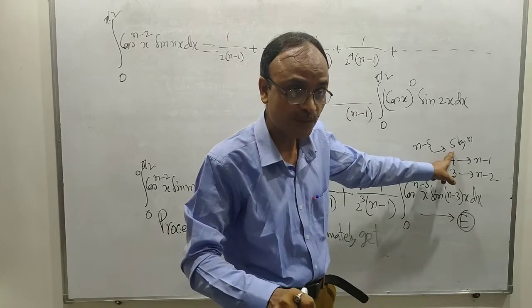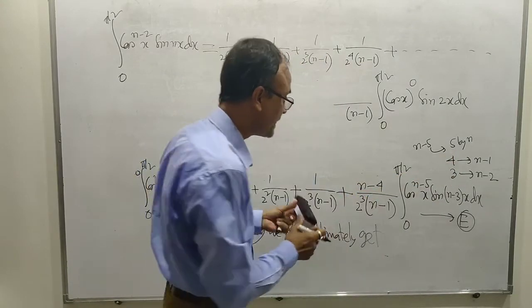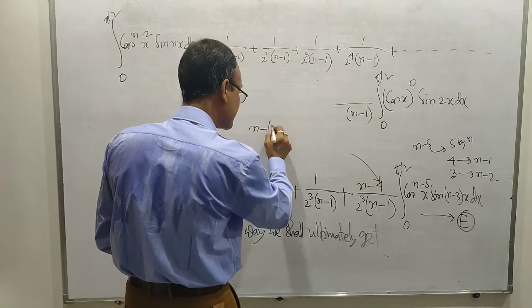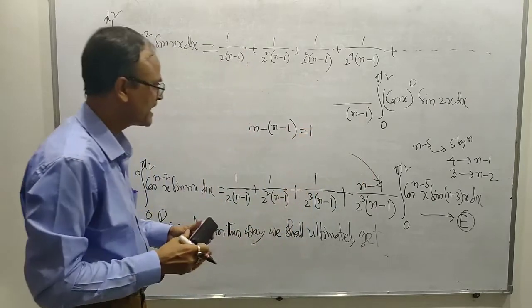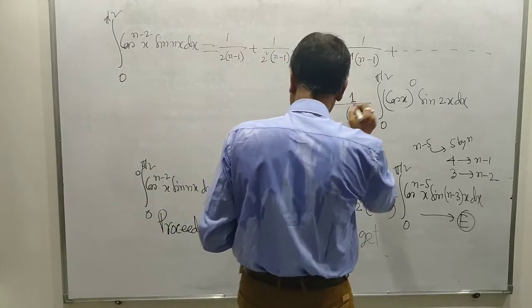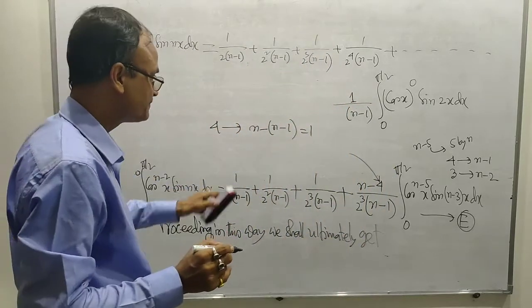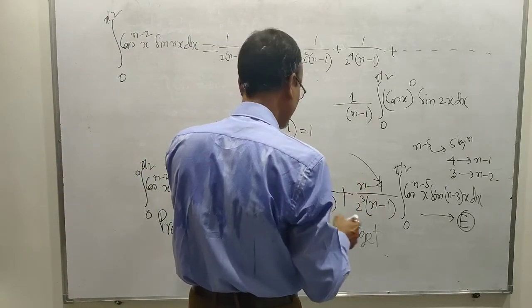That means this 4 should be replaced by n minus 1.